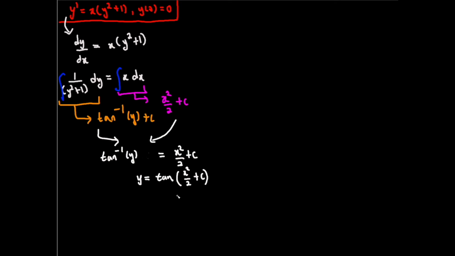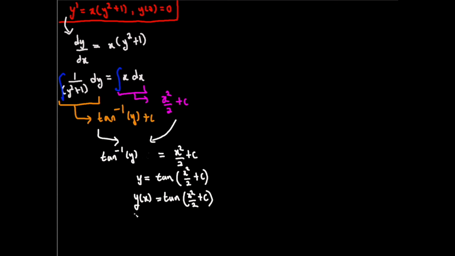Okay, now we are given this initial value. So y of x is tan of x squared over 2 plus c, right? We're given that y of 0 is 0.